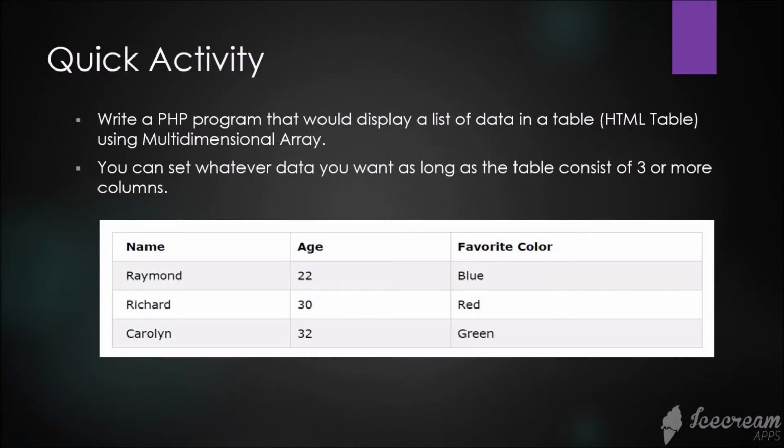We have here our sample, the table header, then our data. Pagdating sa style, there's no need to follow this one. Yung important is that you are able to set the data in the table. Kahit yung border lang, makita lang natin yung structure ng table. That's already good, okay, guys?